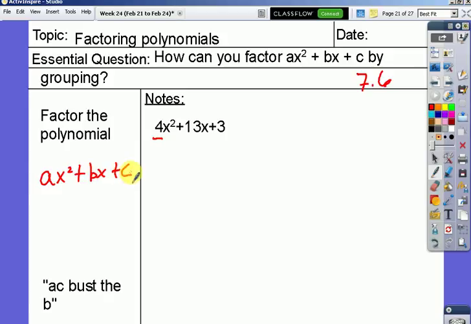Because you have an a value that is not 1, what you want to do is take this a and multiply it by the c, okay? So that's where that AC part comes in here, on that little note that I made. So a times c.